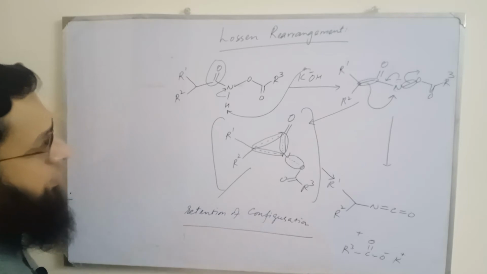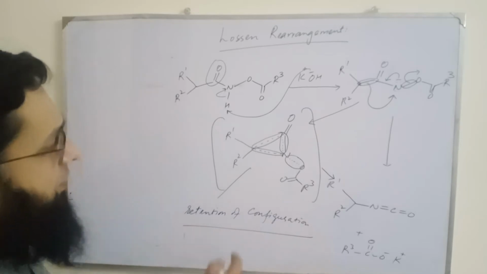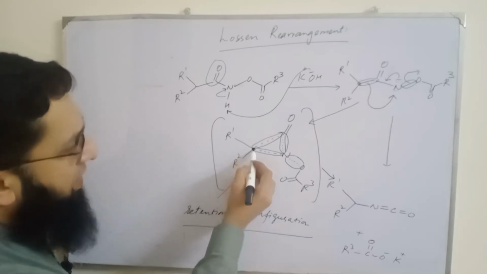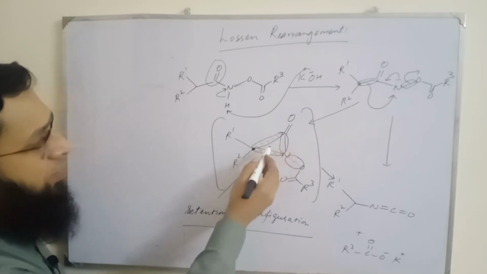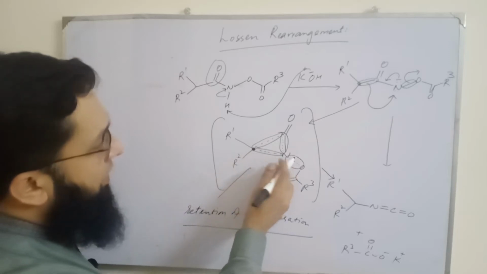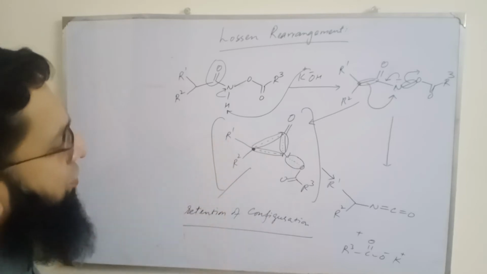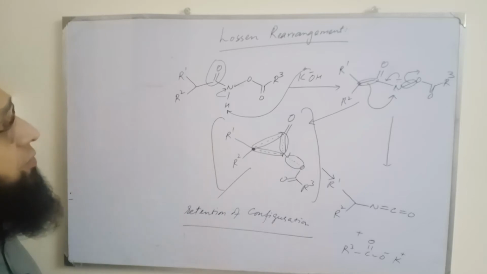This rearrangement proceeds via retention of configuration, because if this is a chiral center, it is attached to the carbonyl group, and during bond breaking and bond formation, or the transition state, it is also attached to nitrogen, so the configuration remains the same. All the groups on this carbon do not change their configuration. As a result, retention of configuration takes place.